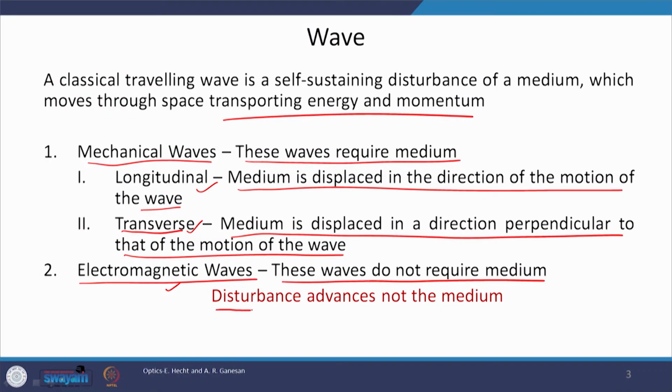It is represented by c, and its value in vacuum is 3 into 10 to the power 8 meter per second. As I said, the disturbance advances, not the medium, and since it does not necessarily require a medium, it propagates very fast.